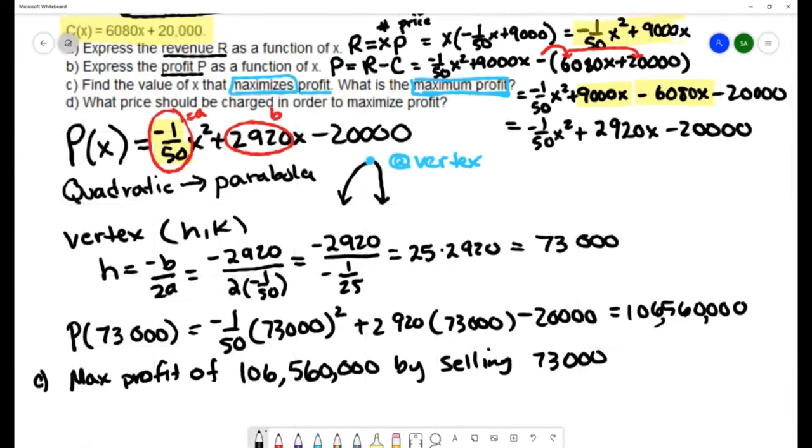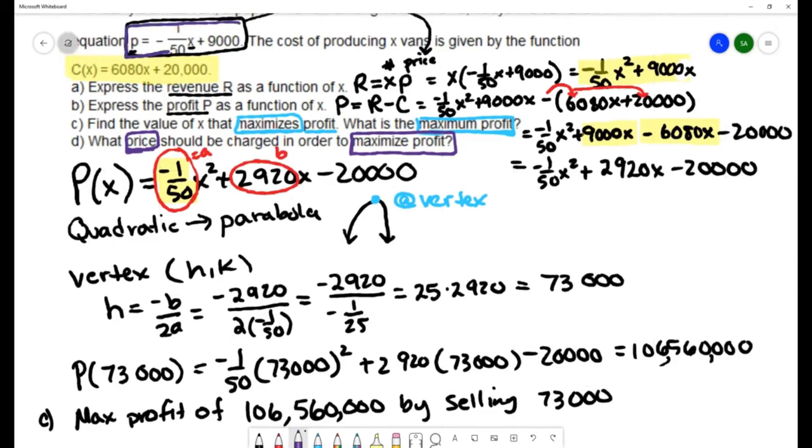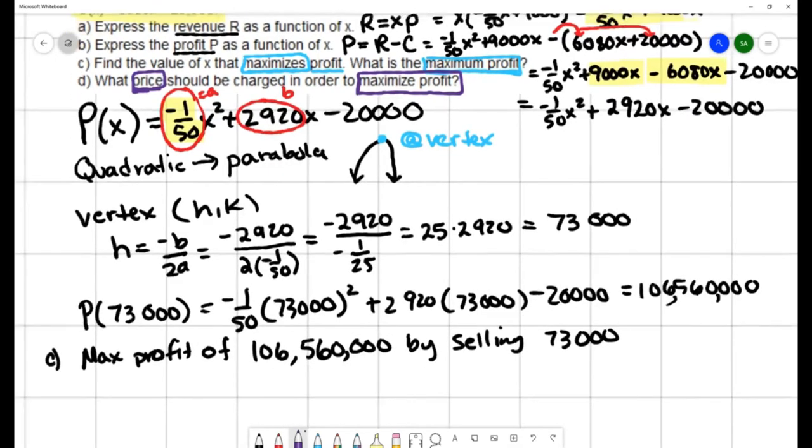So we've got one more part to go, and that's part D, and it says what price should be charged in order to maximize the profit. So we do have a function that we were given at the beginning. Remember that demand equation, which related price to number of vans. So let's write down that demand equation.